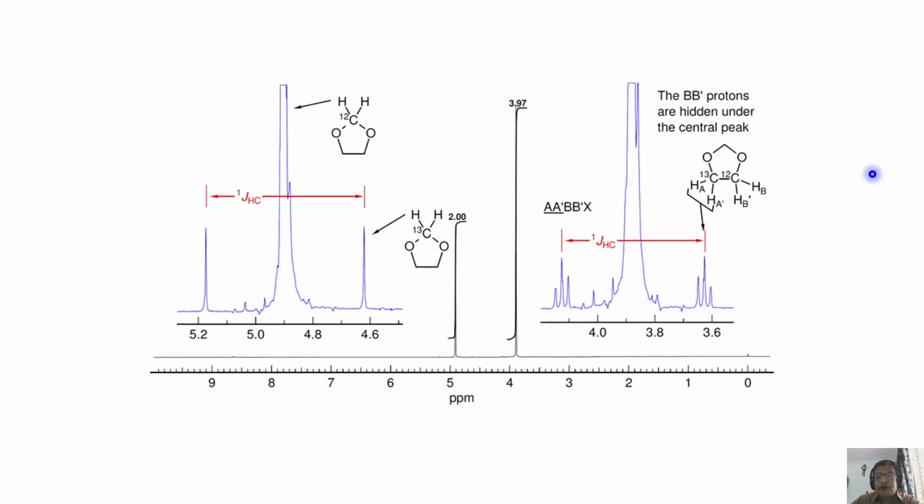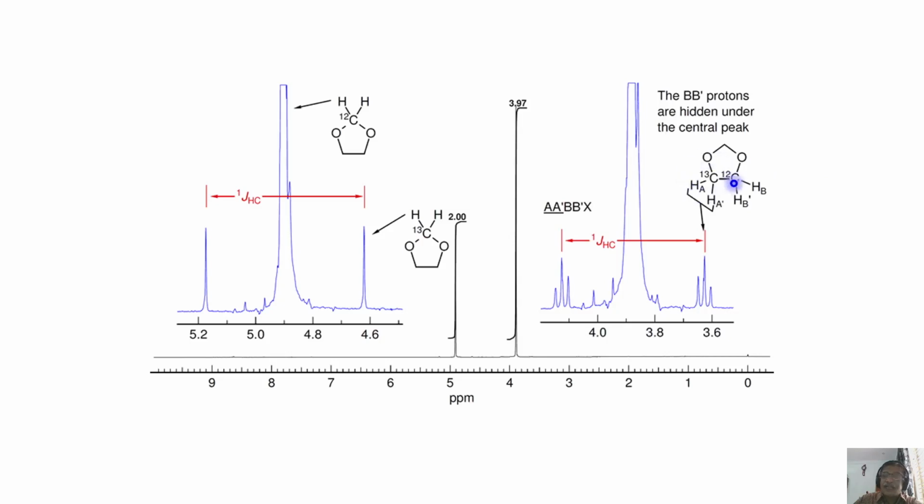Now, if I break the symmetry by taking one of them into carbon 13, and the other is in carbon 12 state, now you have broken the symmetry. Otherwise it would have been A2, B2, they are close in frequency. Now, because symmetry is broken, it is AA prime, BB prime and X. What is X?